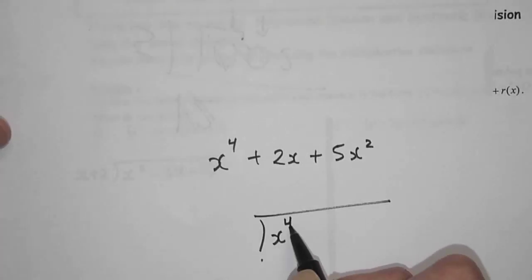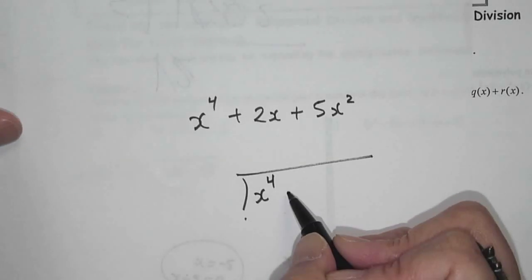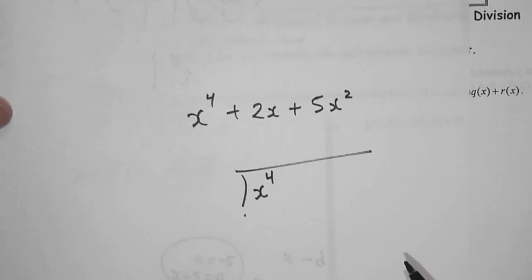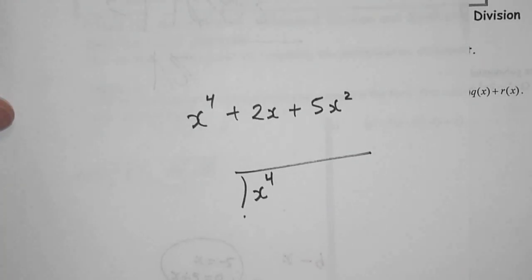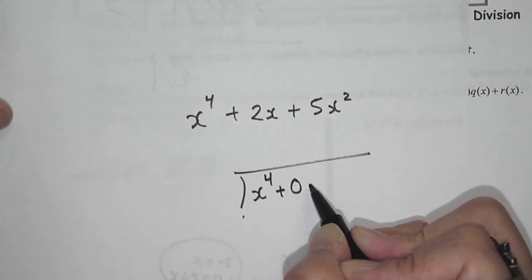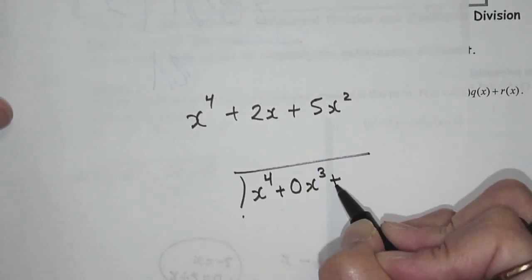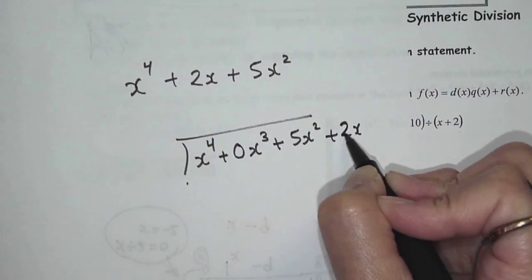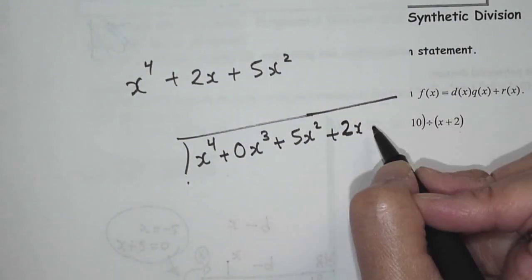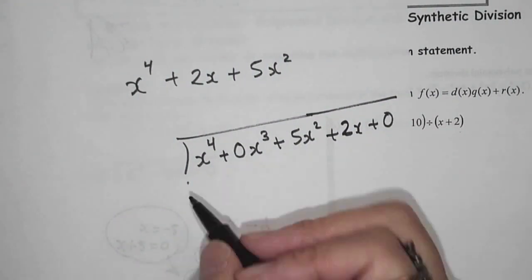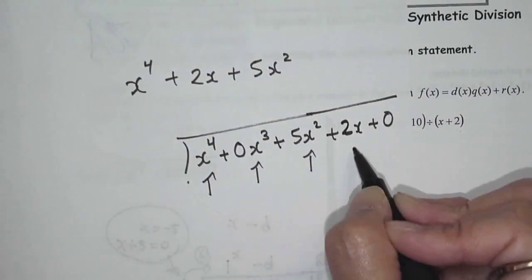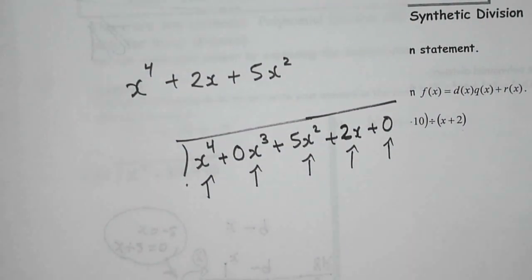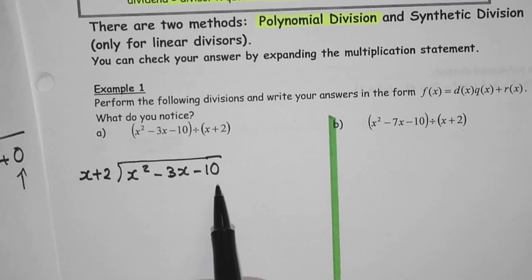You would have to go x to the 4, then, I'm missing x to the 3. So I would have to fill in 0x to the 3, then 5x squared, then 2x, and then 0. Does that make sense? I need all of the columns filled in. So the way we always did long division is that the columns have to match.